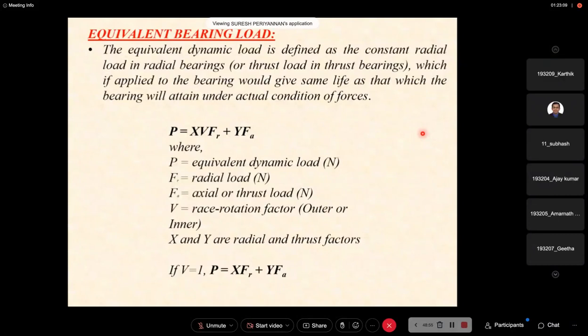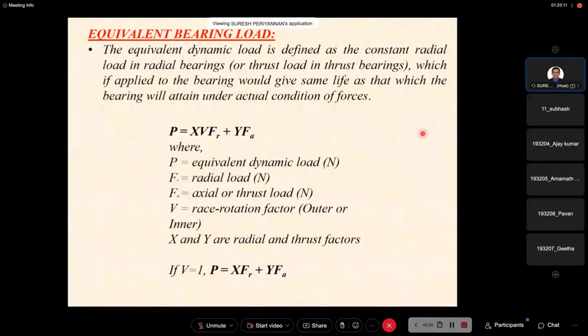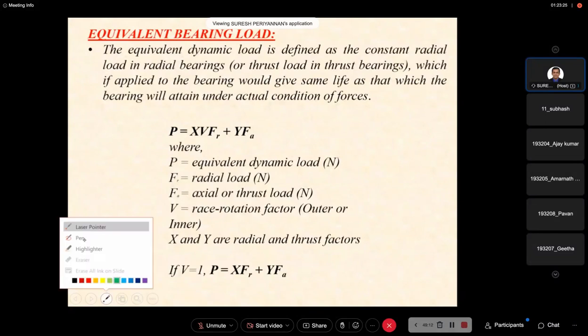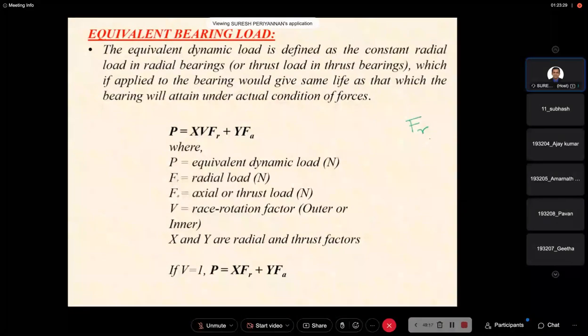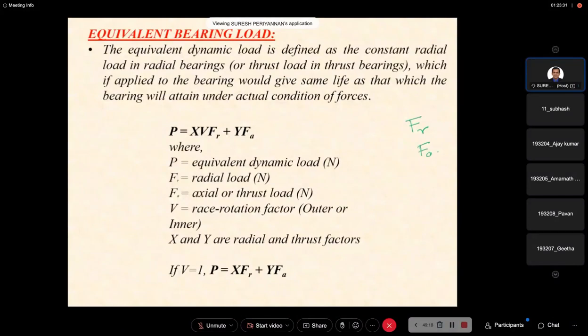Okay, now I come to the equivalent bearing load. In actual practical applications, the force acting on the bearings has two components we discussed already. One is the radial component and the other is the axial component.